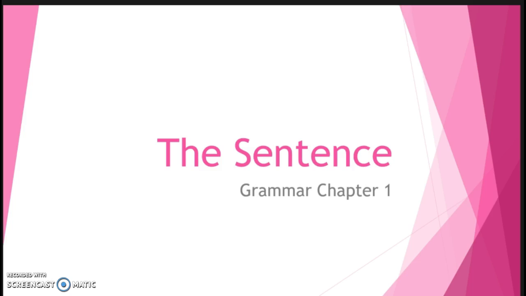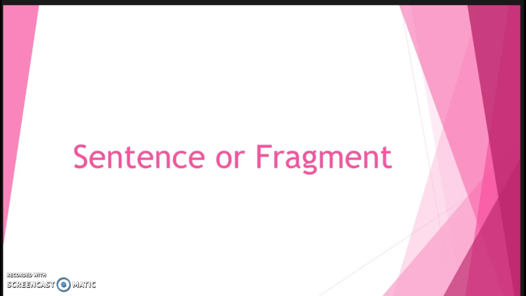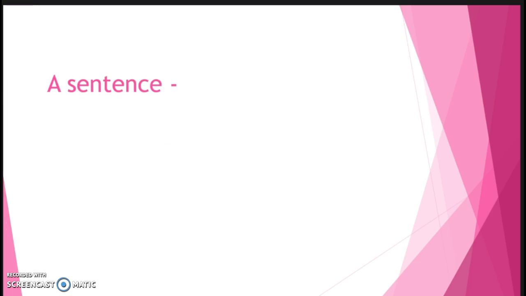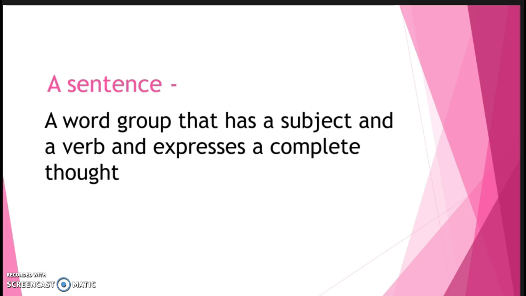Okay, so the sentence. The first thing you need to know when we're talking about sentences is how to tell a sentence from a fragment. So let's start by looking at the definition of a sentence. A sentence is a word group that has a subject and a verb and expresses a complete thought.